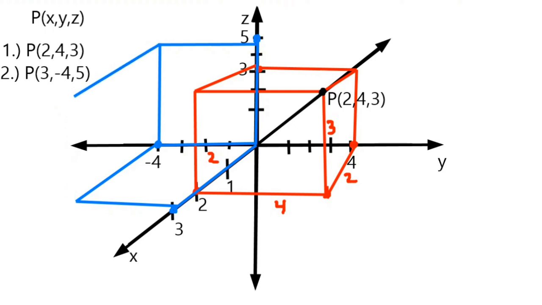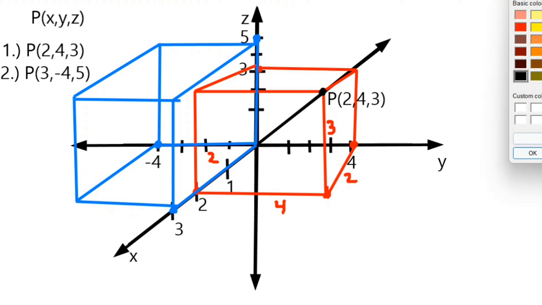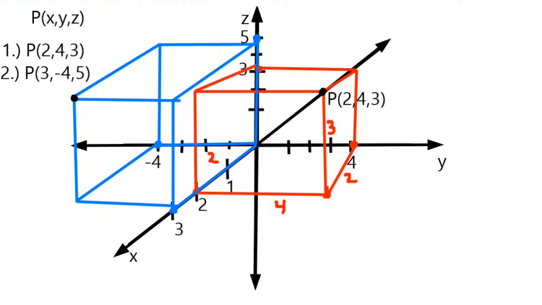As you can see, we can easily visualize the point doing this. Here, that doesn't look like a rectangle, so I'm going to cut it. Okay, there you have it. So where's the point? The point is around this region here. That is the point (3, -4, 5).